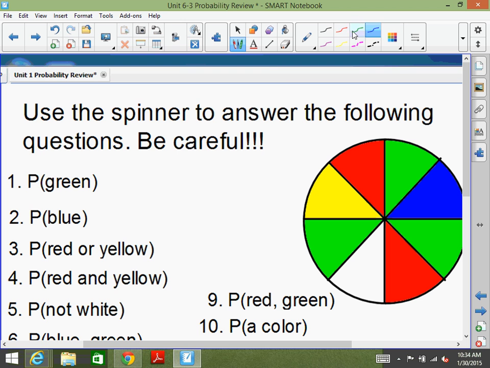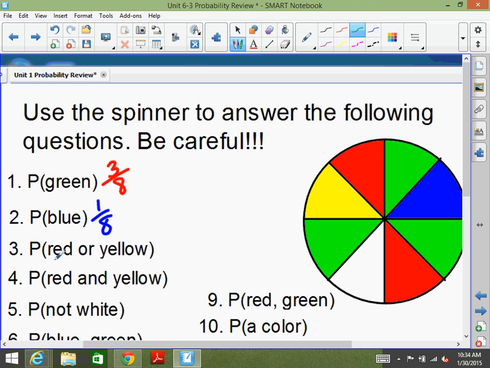All right, number 1. What is the probability of spinning this spinner and getting green? 3 out of what? 8. Good. 3 out of 8. Okay, number 2. What is the probability of blue? 1 out of 8. Number 3.